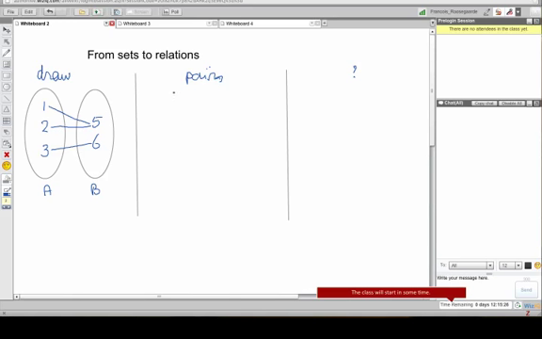Each relationship I can also represent by naming it a pair. So the relationship from 1 to 5 is the pair (1, 5), the relationship between 2 and 5 forms the pair (2, 5), and (3, 6) is the other pair. In fact, I have here a new set of 3 pairs.